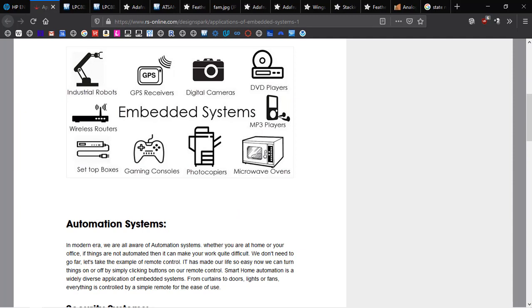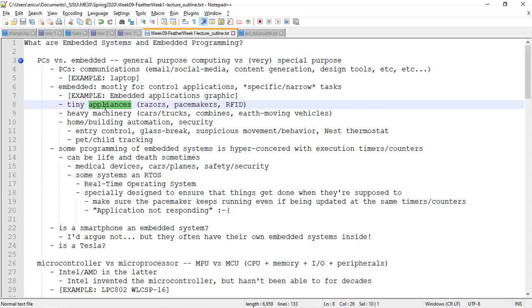Photocopier, maybe. No, industrial robot. Industrial robots, okay, that's pretty high end. So let's think even bigger. So nowadays, harvesting combines, cars, trucks, autonomously driven or not, earth-moving vehicles, autonomous or not, and some of these are definitely autonomous, are examples of embedded systems.